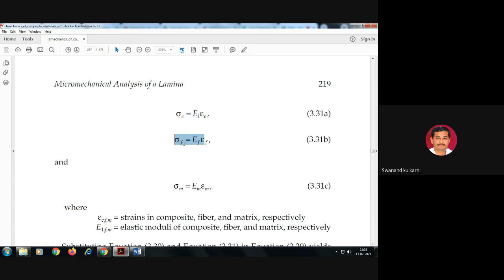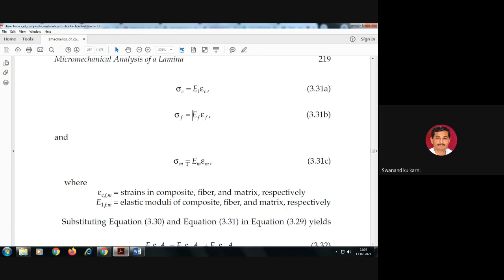Definitely, stress acting on fiber is equal to Young's modulus of the fiber into strain acting on the fiber. Is it okay? And the same thing will be applicable for matrix material also. So stress acting on matrix is nothing but Young's modulus of matrix into strain on matrix.